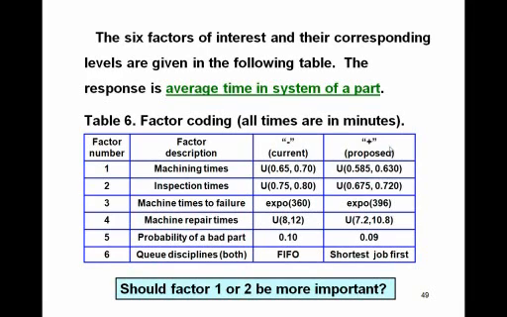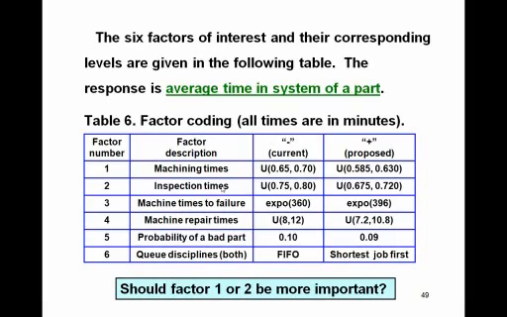Our plus column we can think of as our proposed configuration, maybe a 10% improvement. We're going to reduce machining times by 10%. So for example, if we took 90% of 0.7 minute, that would be 0.63 minute. If we took 90% of 0.65 minute, that would be 0.585 minute.